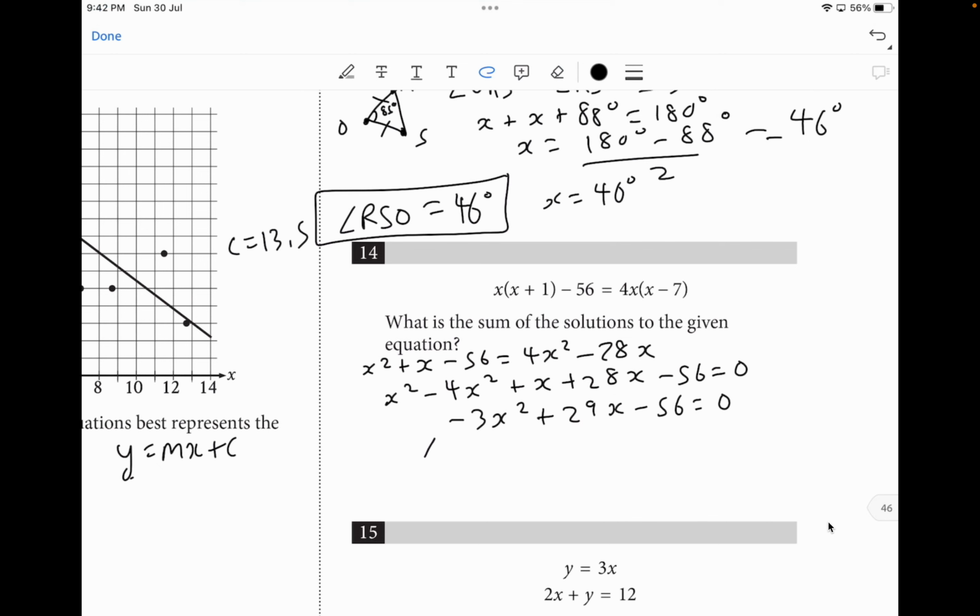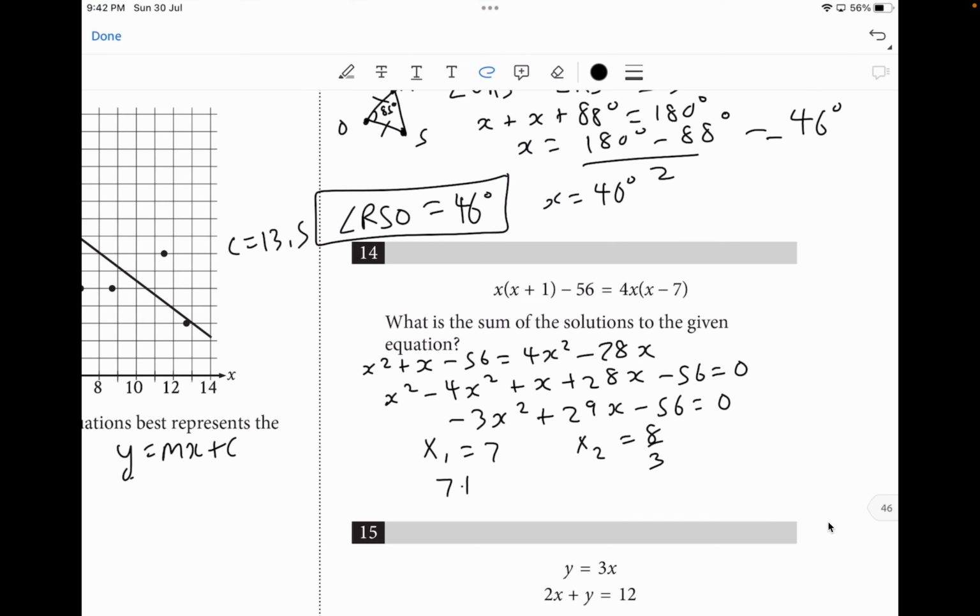So we have to find two values for x, since this is a quadratic equation. We're just going to be plugging in the values in this case. Negative 3, positive 29, negative 56. This is giving you the values of x1 as 7 in your calculator and x2 as 8 by 3.